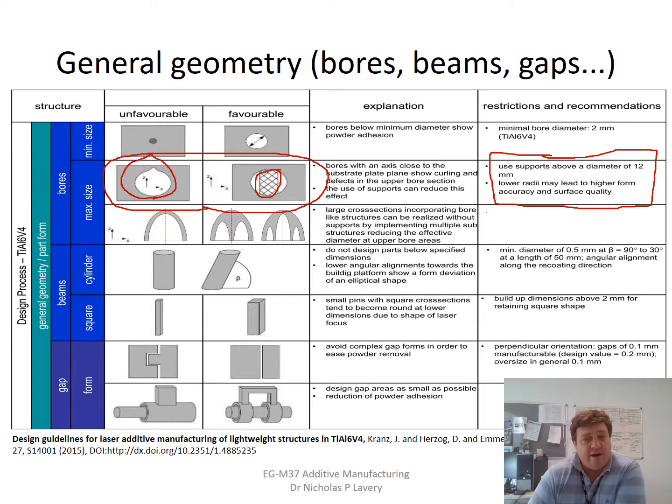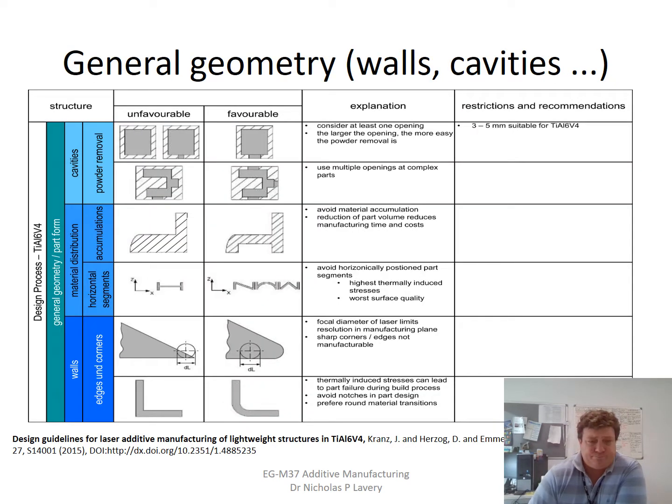But you can greatly increase that diameter by using a self-supporting teardrop build at the top of the hole. And the same goes for arches. And if you can build in an elliptical shape, that has the least requirement for support structure. Okay, so that's one of the points I wanted to make from that slide.